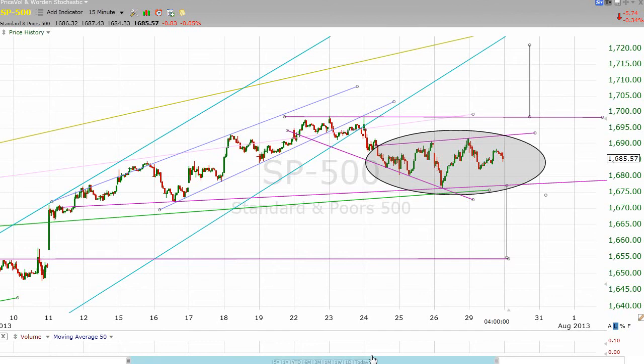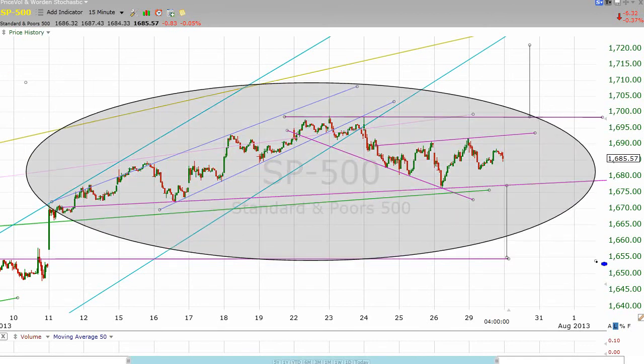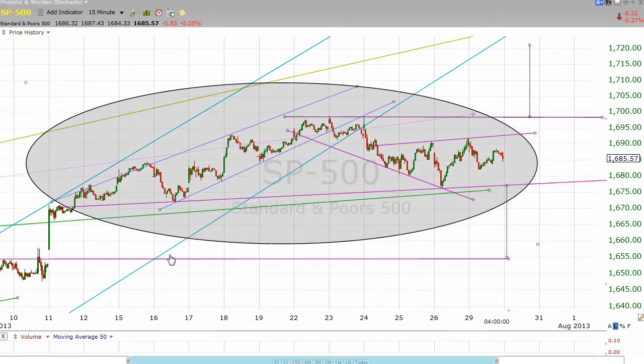But again, this is not a complete pattern. But likewise, this larger potential pattern is also not a complete pattern.